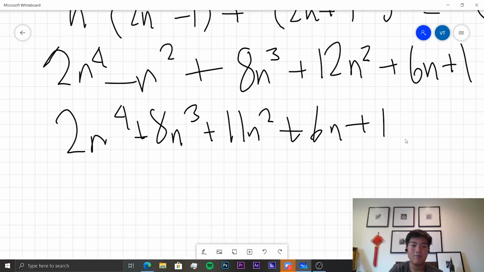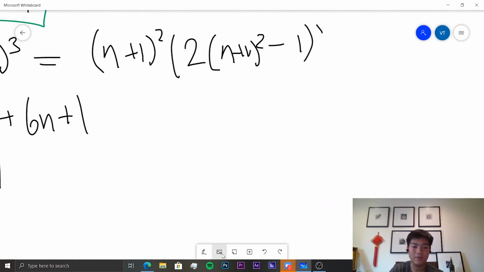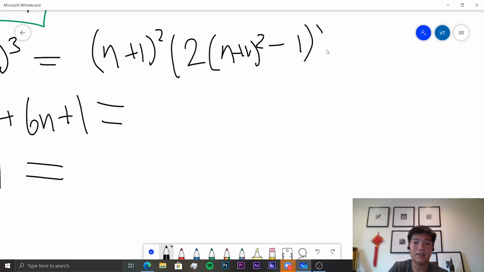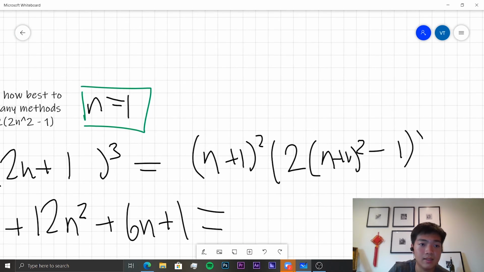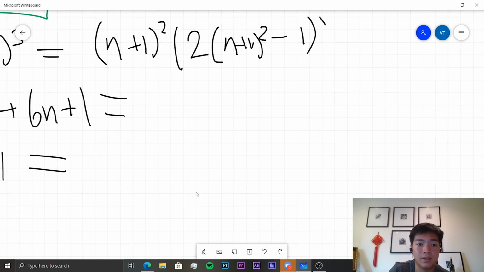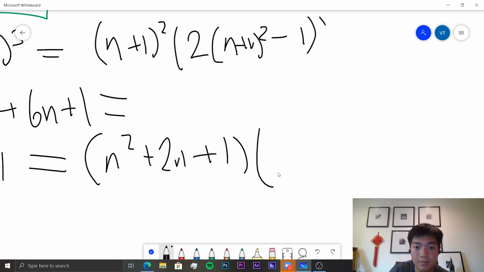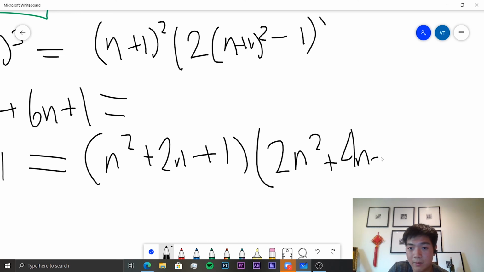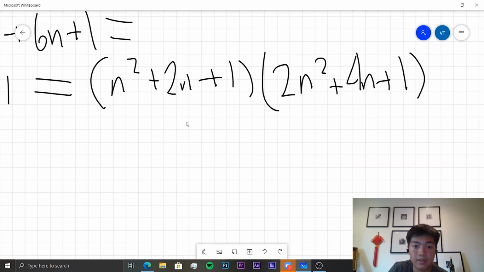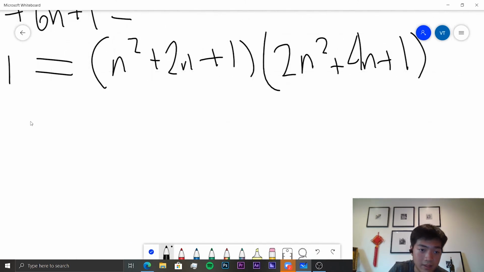And again, we could try and factorize this, but I don't feel like it, so I'm just going to simply expand this side as well. So we have (n squared plus 2n plus 1) times (2n squared plus 4n plus 2 minus 1, which is 1), so it's that. Yikes, it's not fun.